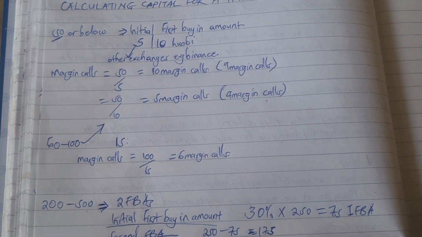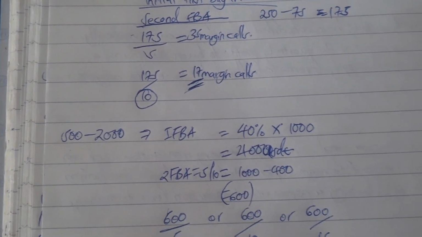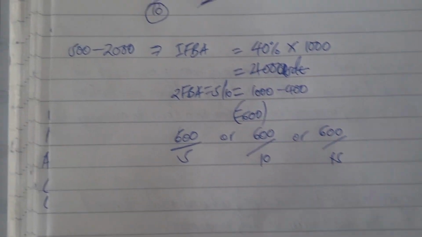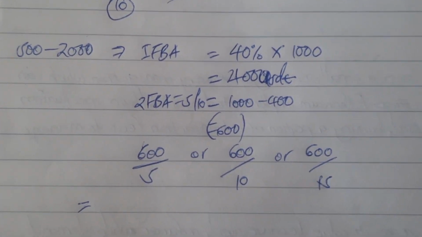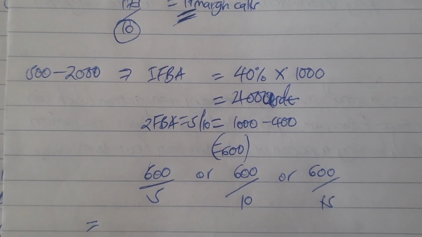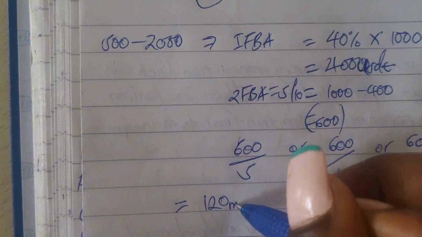Remember, margin calls are acting as a safety net for us in the marketplace. So that is why for this person with $1,000, we can get several margin calls. So 600 by 5, what are we getting? We are getting 120 margin calls.